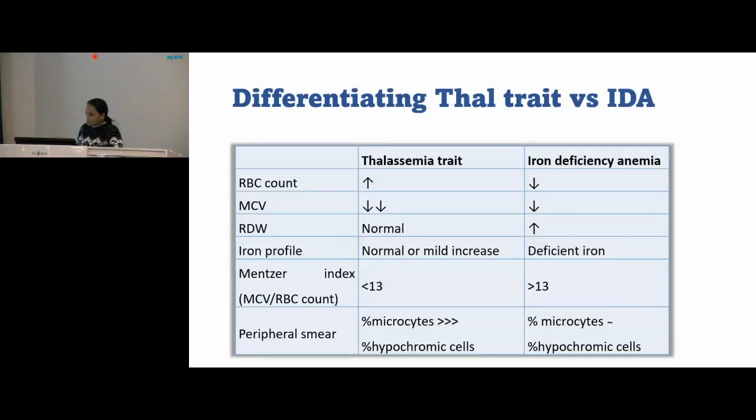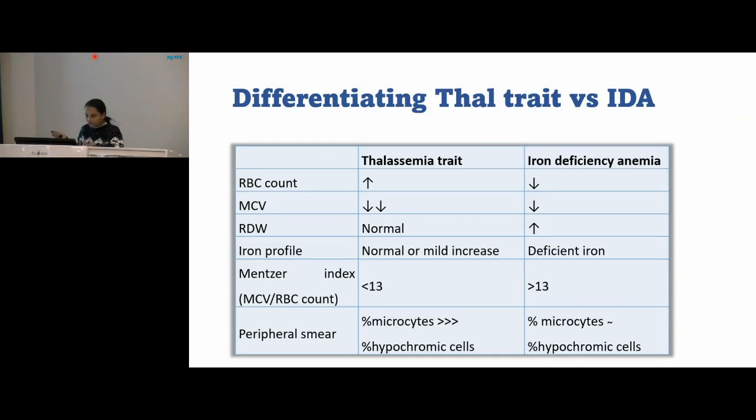So as ma'am had already said, iron deficiency anemia and thalassemia share a few common parameters on investigations. Microcytic anemia, the peripheral smear looks the same. So how do we differentiate between these conditions? Thalassemia trait usually has an RBC count which is maintained for the degree of anemia.